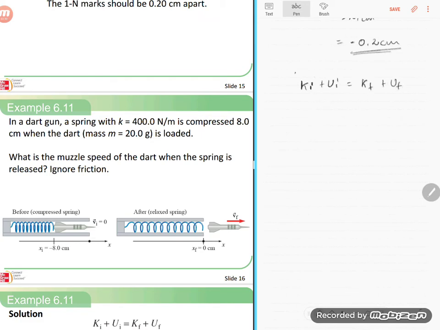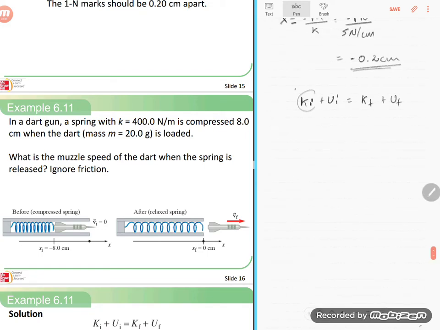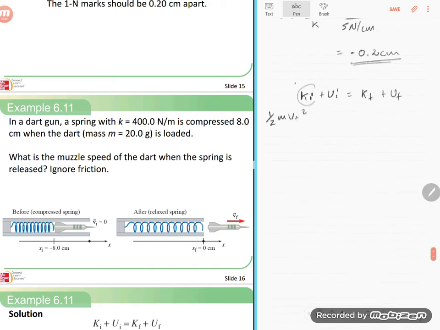Okay, so Ki is what? Ki means the kinetic energy before. So kinetic energy before is half m v initial square. Sorry, this is not final, this is initial. The one we want to find is the v final, the final velocity of the dart.